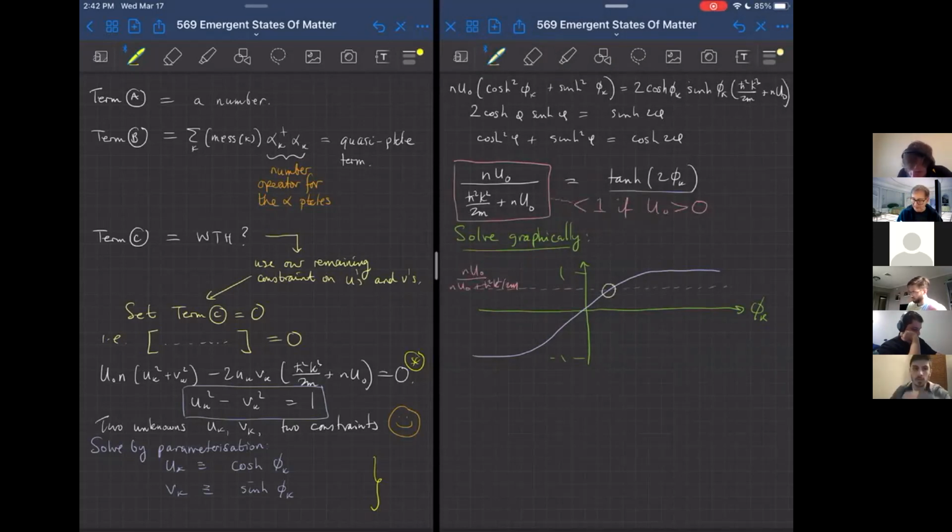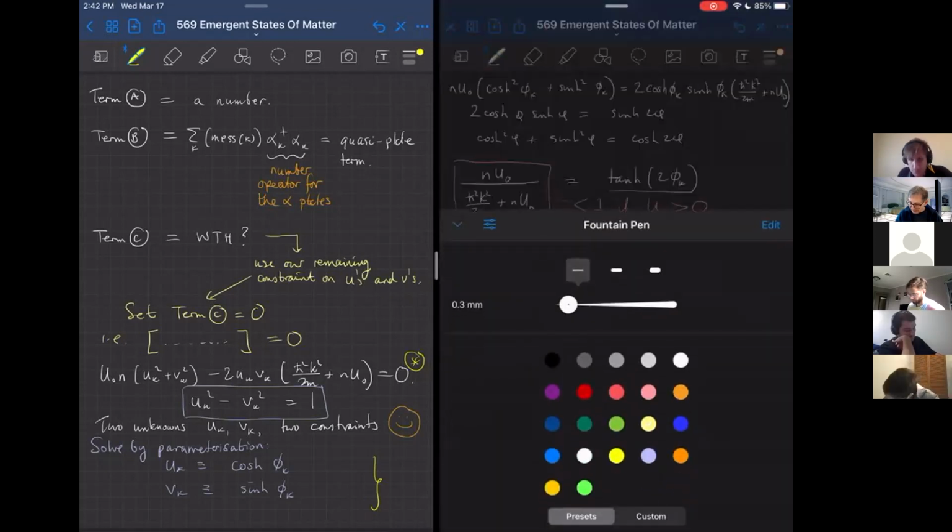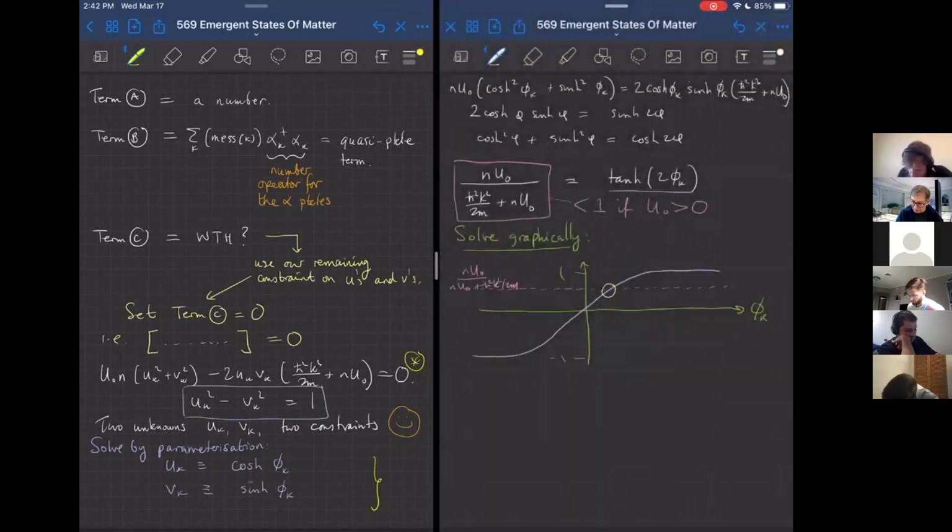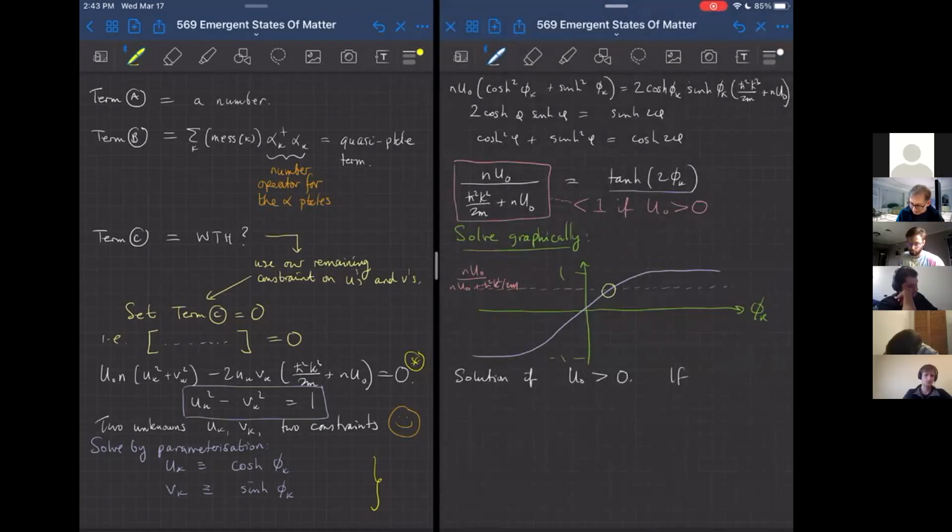So we can see that there is a solution if u naught is greater than 0. If u naught is negative, then the absolute value of the denominator will be less than the absolute value of the numerator in this expression here, and so there'll be no real solution.